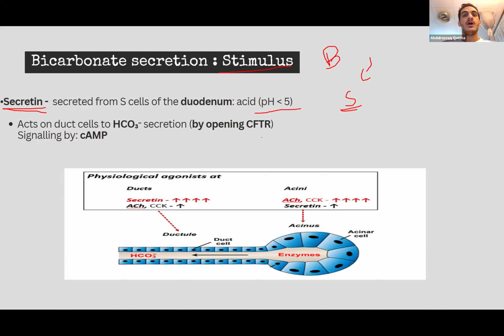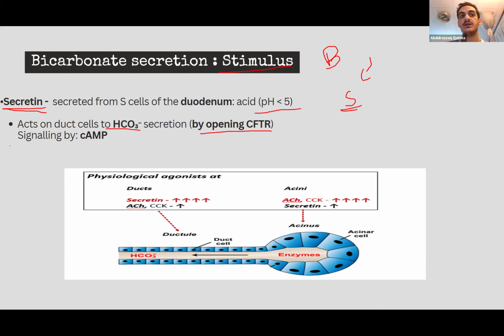Now, unfortunately, the secretin will not activate it directly. We need a cascade. What does cascade mean? It means there is more than one step in order to activate the channel. What secretin does is it will open the CFTR channel, which is a chloride channel, and with the chloride channel, the bicarbonate will go with the chloride and be secreted out.